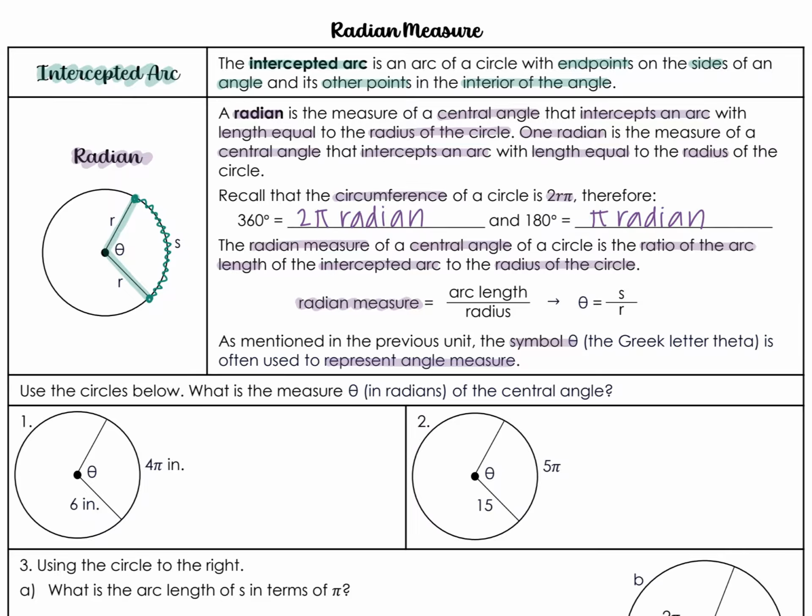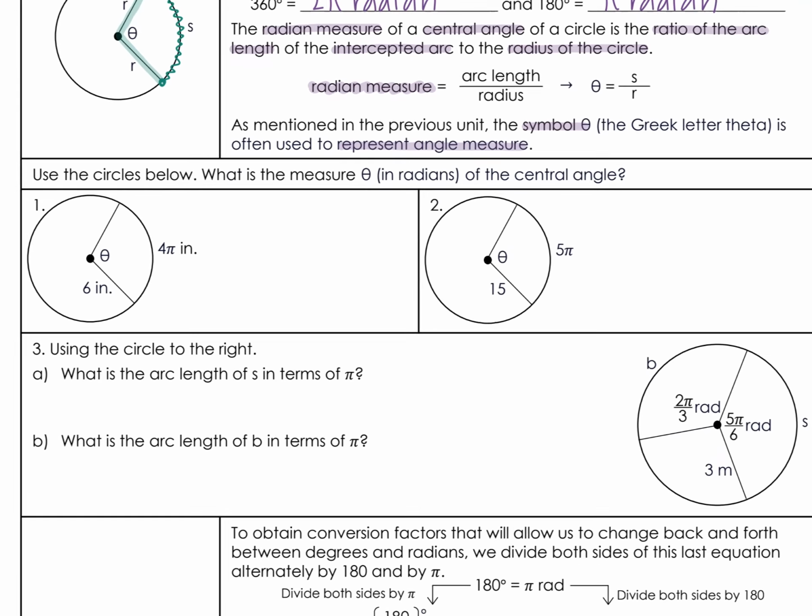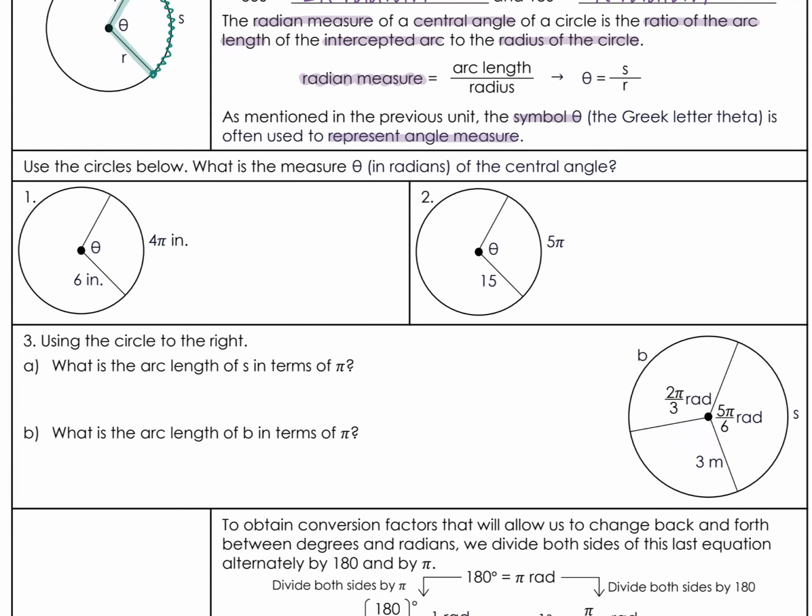All right, down below here we have some practice problems. Okay, so for number 1 and 2, we have use the circles below. What is the measure of theta in radians of the central angle? Okay, so here we have our theta is going to be equal to our arc length, which is that 4 pi inches, divided by my radius, which is that 6 inches.